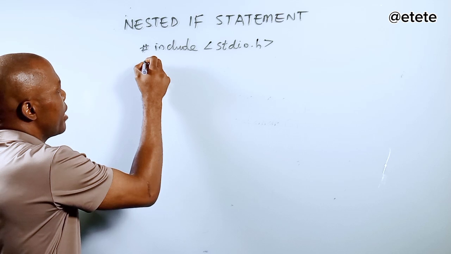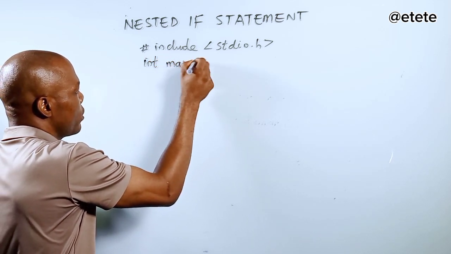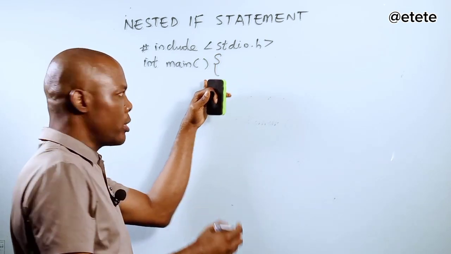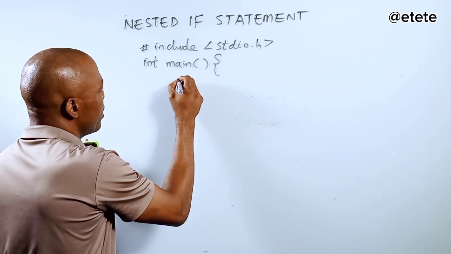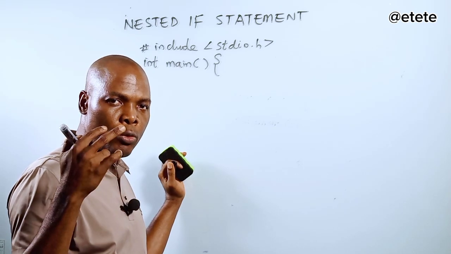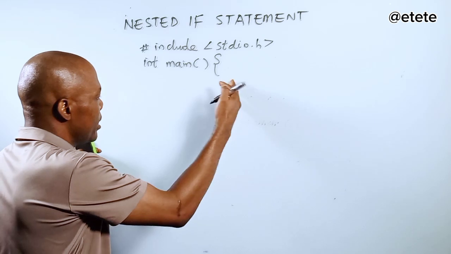Then here I will say int main. I'm writing my main function. Then I'm having my curly bracket for multiple statements. So here I will declare three variables. The first variable will be spirit, second variable will be soul, and then the third variable will be body.